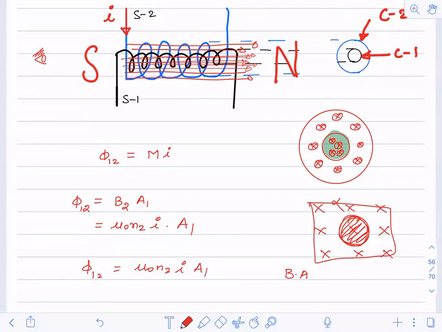This is the magnetic flux now. Now, if I want to calculate the total, this was for one turn. For total, I'll just multiply by N1 into L, because I'm calculating for coil 1. Now, N1 is there, N2 is there, A1 is there, L is there, I is there. I have got the same result.